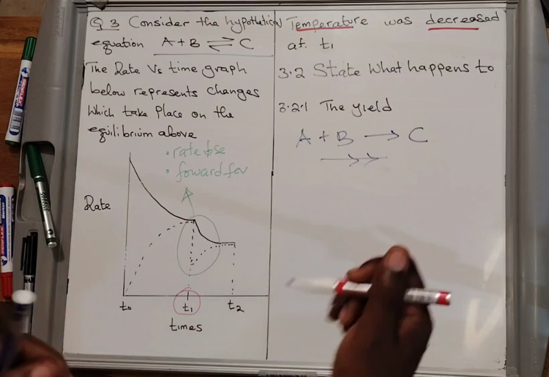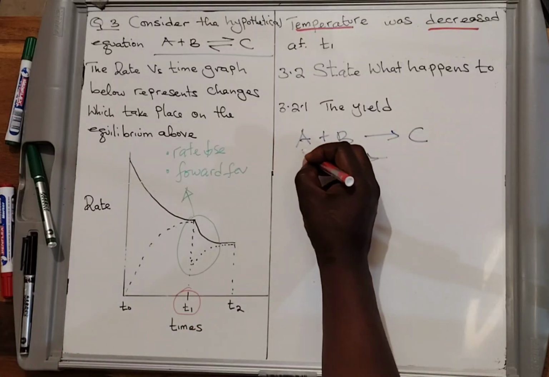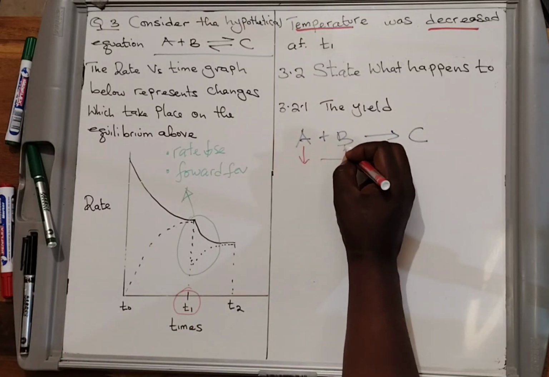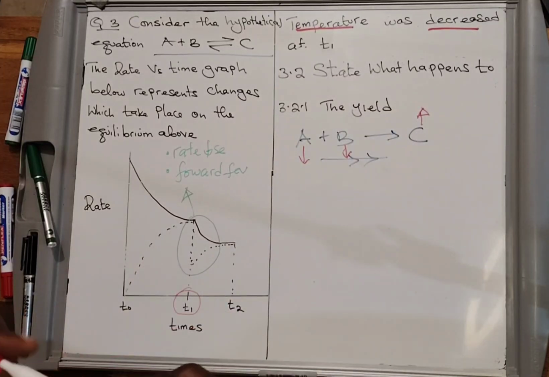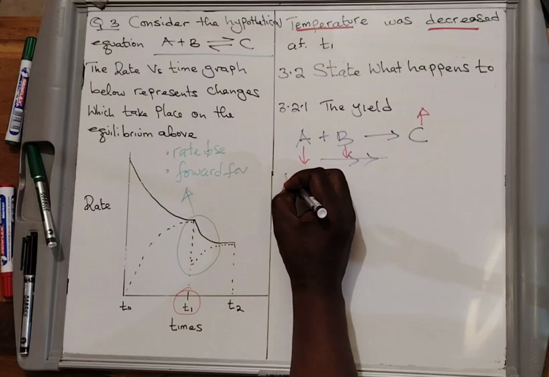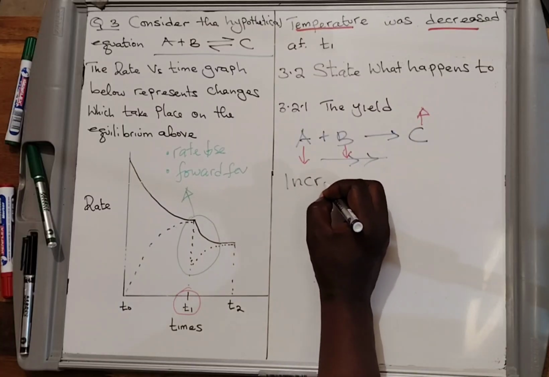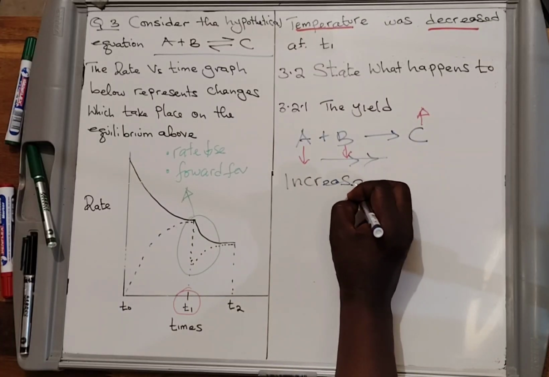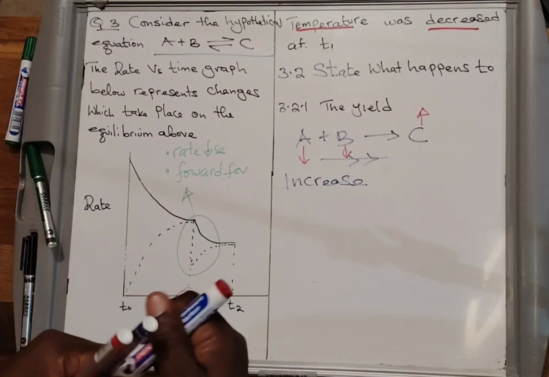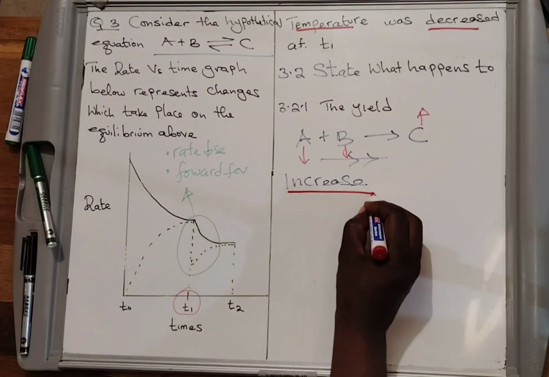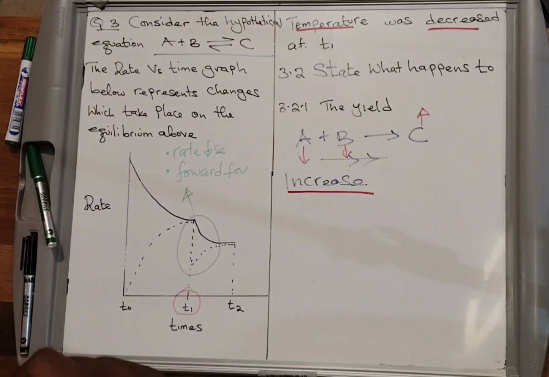Forward favored means that the reactants are decreasing to form the product. So the answer is increase. The yield will increase. Okay, that is answered. Let's look at the next question.